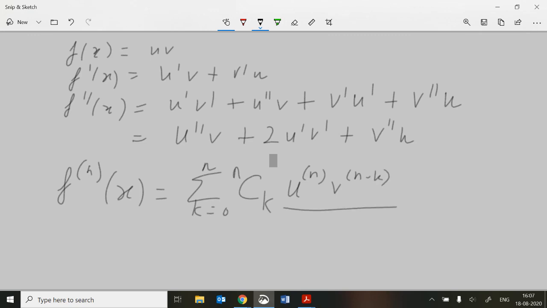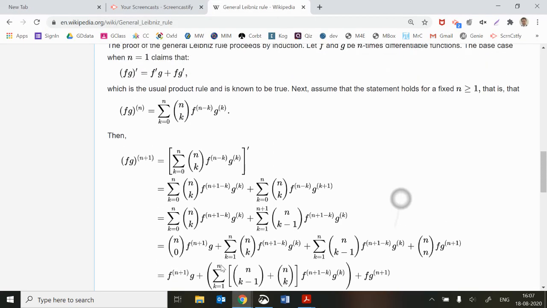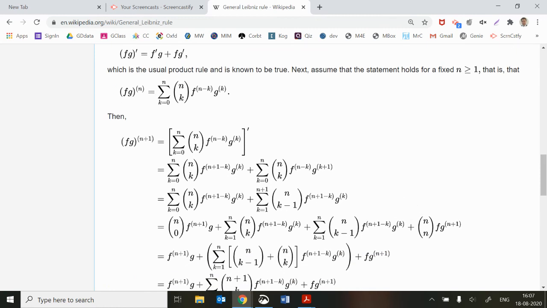And those are like your terms from the binomial expansion, except here we're not talking about x squared, we're talking about the second derivative. So these are derivatives, they're not powers on the function, they are the nth derivative or the n minus kth derivative. Well, there we go. That's a quick verification of Leibniz's formula, which is given in terms of f and g there.